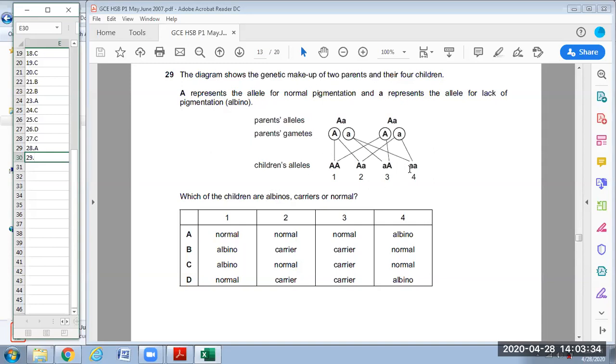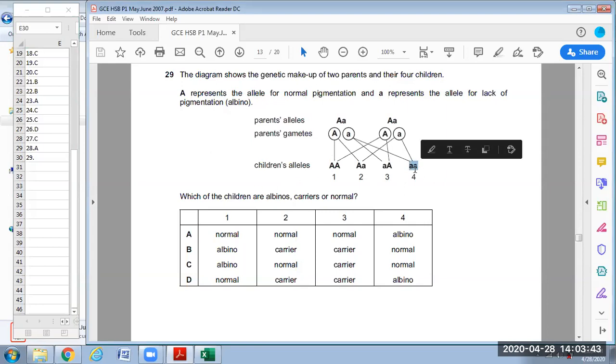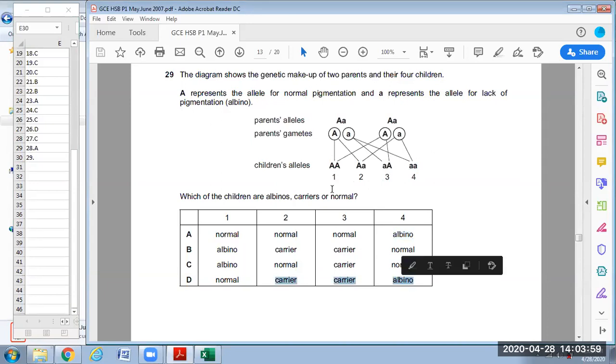Albinos. So it will be the 2 recessive form. Which are the children albinos? So 4 is albino. 2 and 3 are carriers. And then the normal person is big A. That is 1.